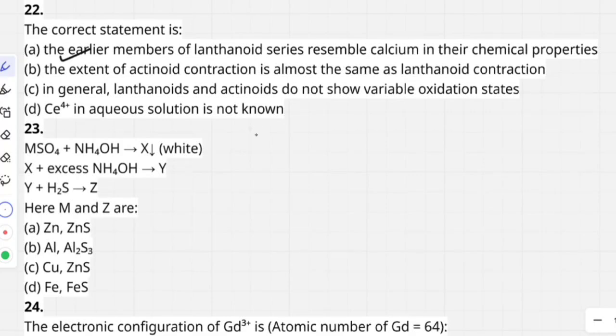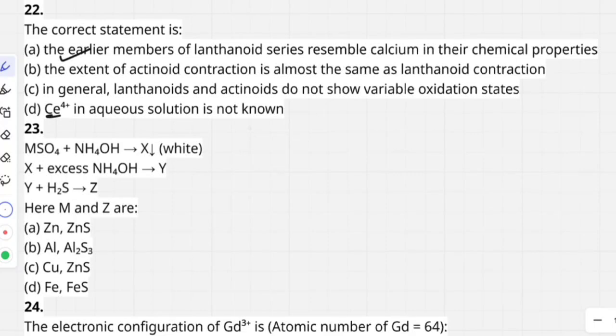In general, lanthanides and actinides do not show variable oxidation state? This is false, because both show variable oxidation states. Next, option D: cerium plus 4 in aqueous solution is known. Cerium exhibits the plus 4 oxidation state also, so this option is also incorrect. So only option A is the correct statement.